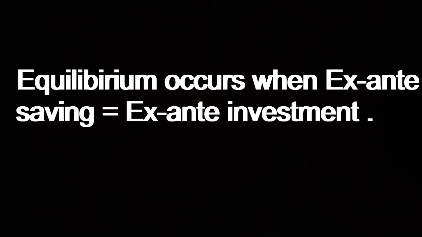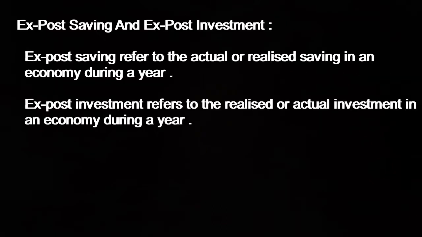Saving is made in small amounts and investment is always made in big amounts. As I have mentioned earlier, saving is made for meeting future uncertain events or contingencies, whereas investment is made for profit motive. So these are not always equal to each other. They are equal only at equilibrium level.